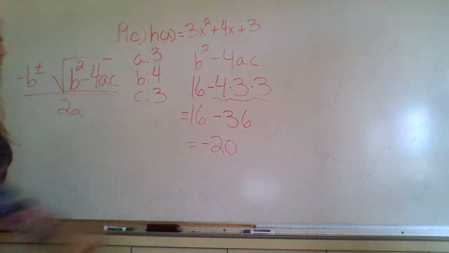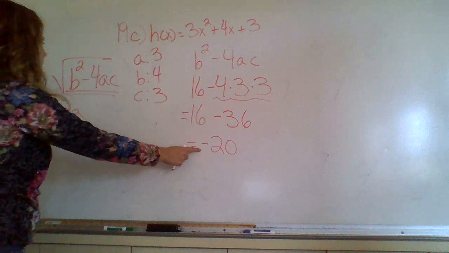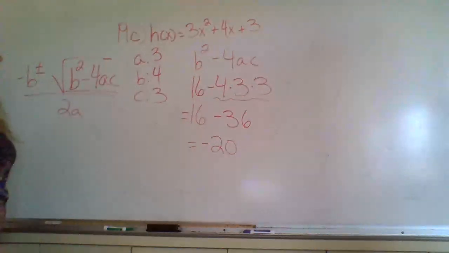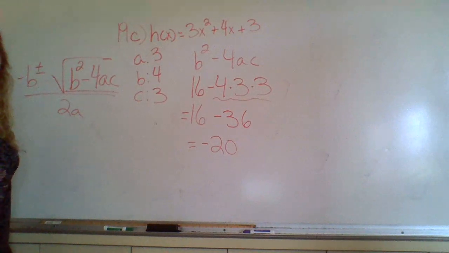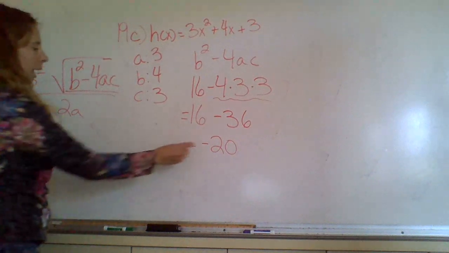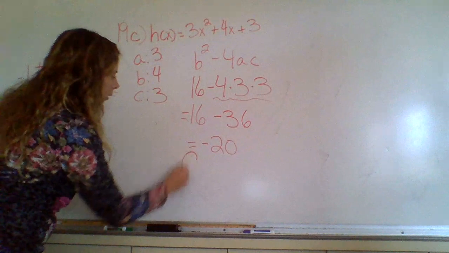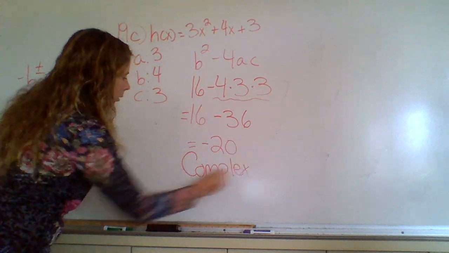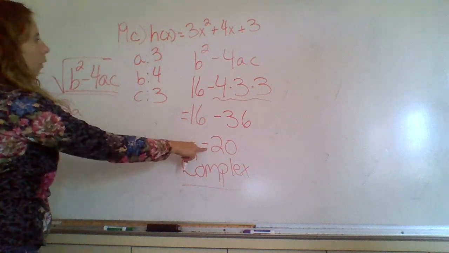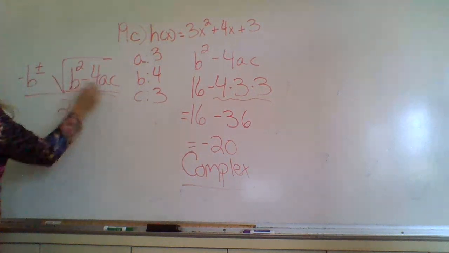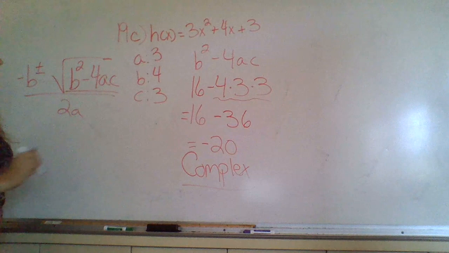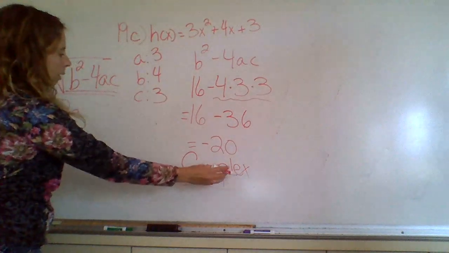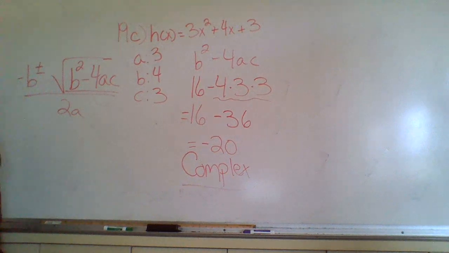Okay, you have a negative number here, which means you would have a negative number underneath the radical. That is an imaginary number. So if you get a negative number, it is complex. Your roots are complex. If you get a negative number for your discriminant, that means you have a negative number under the radical, which is imaginary, which is complex. So your answer here is complex.